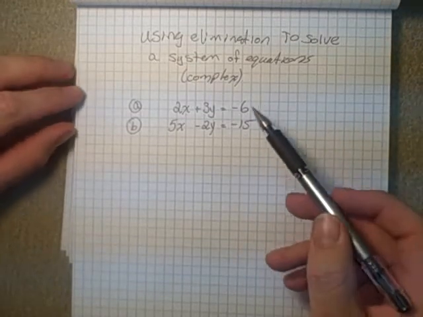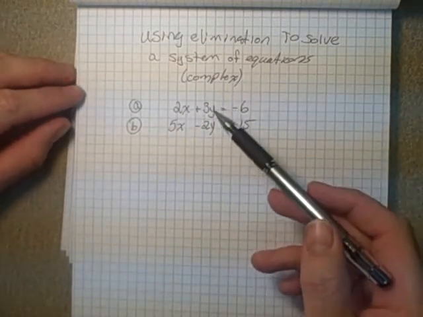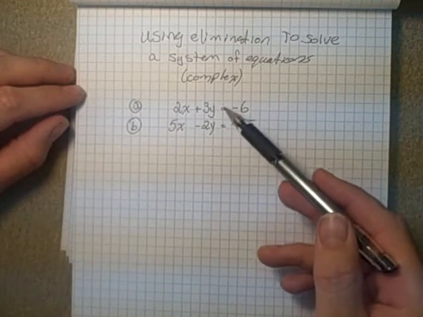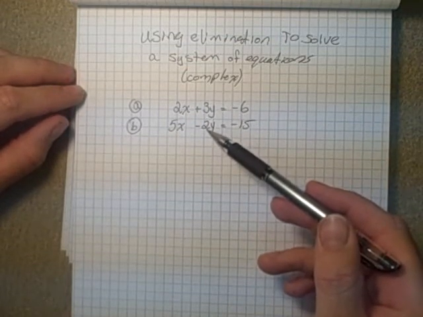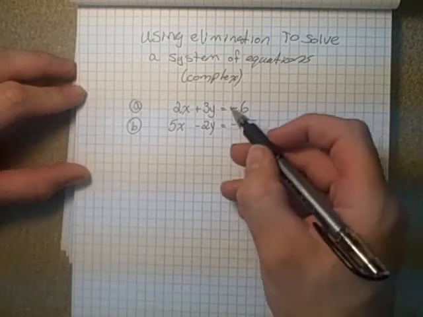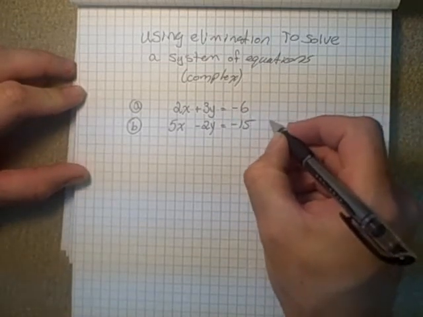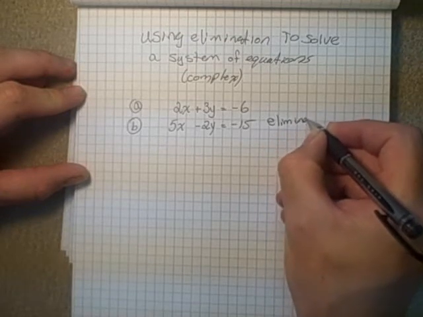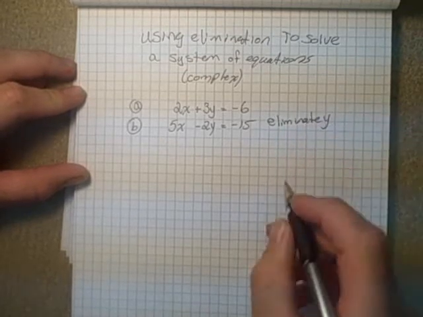So doing my analysis, I think to myself, well, the x's are the same sign coefficient. The y's are opposite coefficients. So simply put, I want to eliminate y because of their opposite coefficients. So eliminating y is going to be my goal.